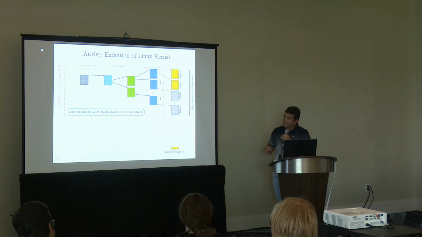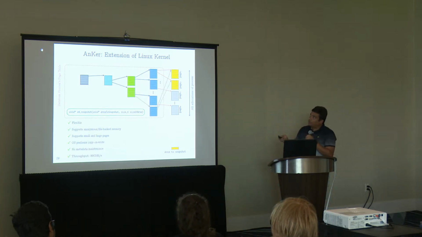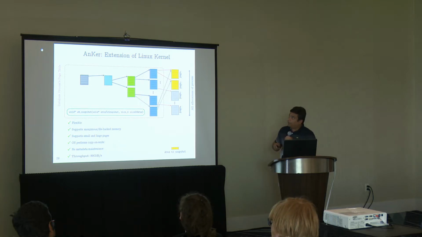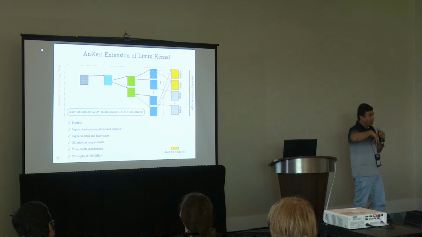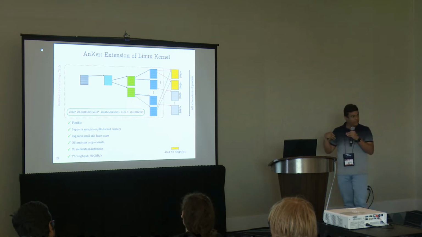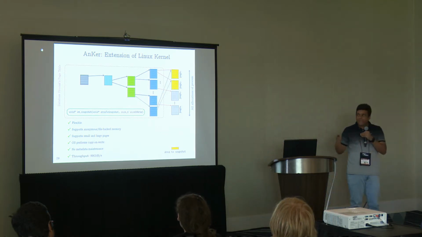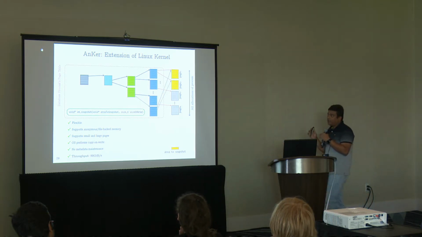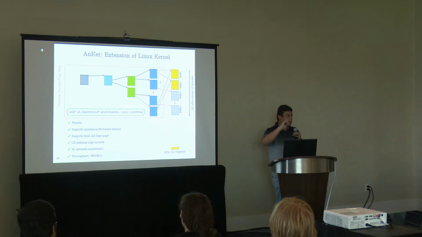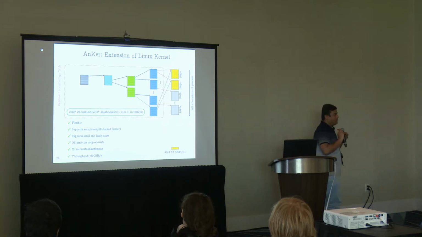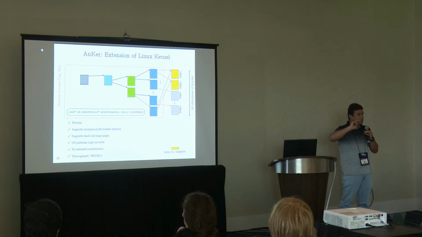Suppose you want to copy only 2 pages. Instead of copying the whole page table, I insert a few page table entries that will point to the same page. So it behaves like fork, but it is really flexible because you can copy at page granularity.